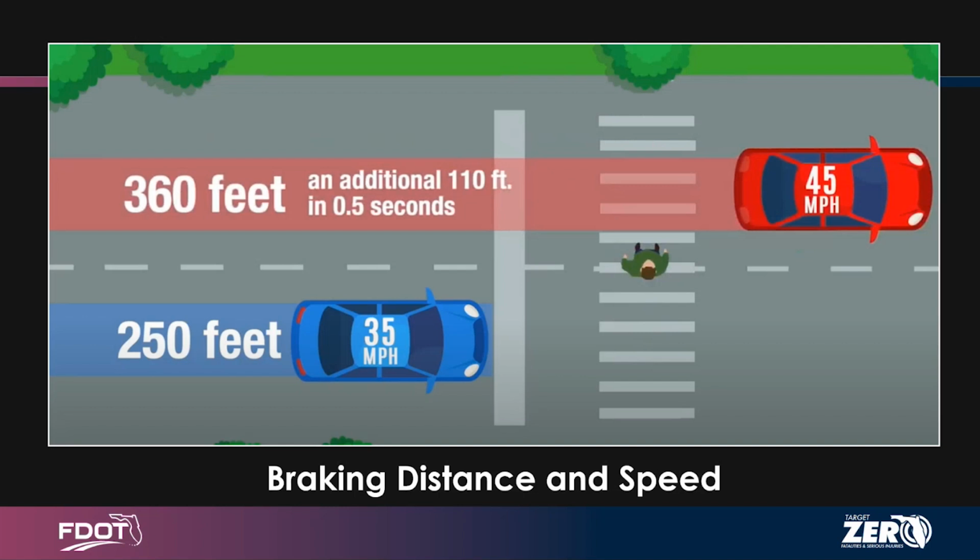Something to consider as well, using the pedestrian example, is if you're going 35 miles an hour and you are able to hit the brakes, it's the impact speed, right? So if you are able to observe it, you're able to slow, and that still allows you the time to slow your impact. So maybe it's a 15 mile an hour collision instead of a 35 mile an hour collision. And if you were going 45 miles an hour, maybe that would be up to 25 miles an hour.